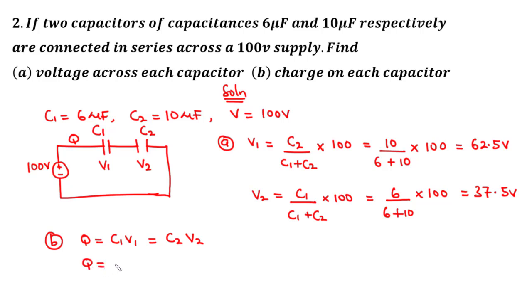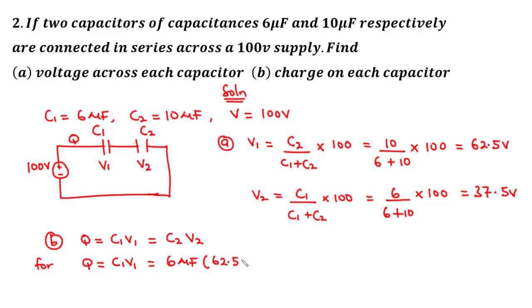Q equals C1 V1, then that is equal to, we have C1 to be 6 microfarads, times V1, which is 62.5 volts.